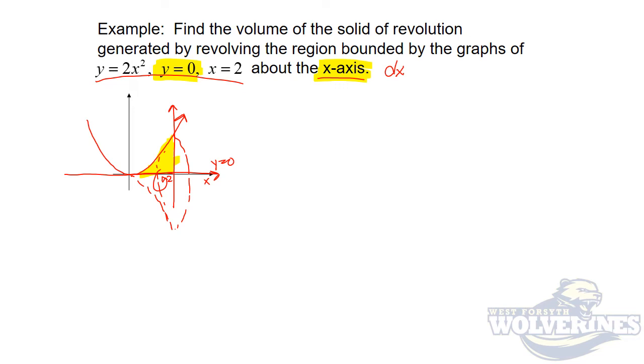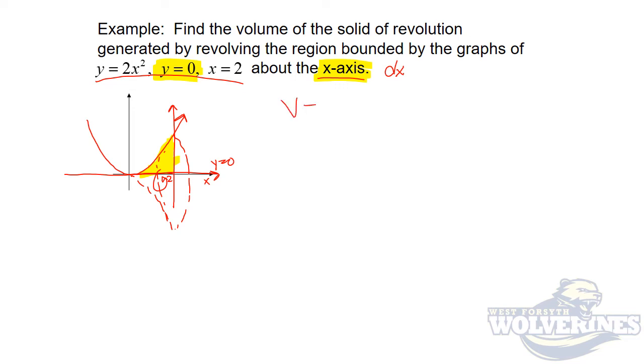That's not always going to be the case. Okay, for disks, it is. We're going to be using this disk method whenever the axis of rotation is one of the sides of the figure. That's important. For our purposes, what do we need? Well, we need to figure out our limits on our integral.